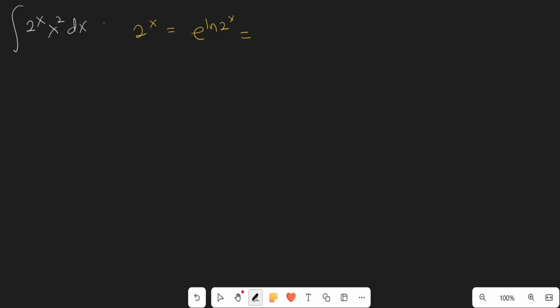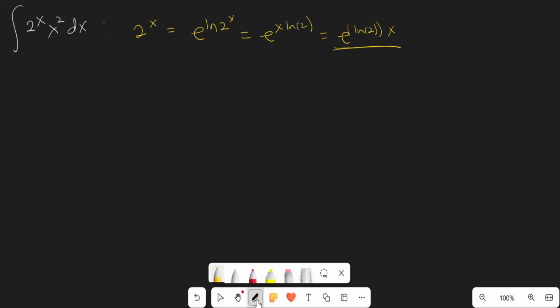So this one is the same as e to the x times the natural logarithm of 2, or we can say e to the natural logarithm of 2 times x. So in place of 2 to the x, I can replace that with this one.